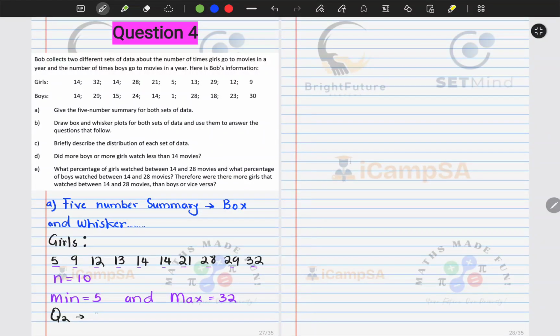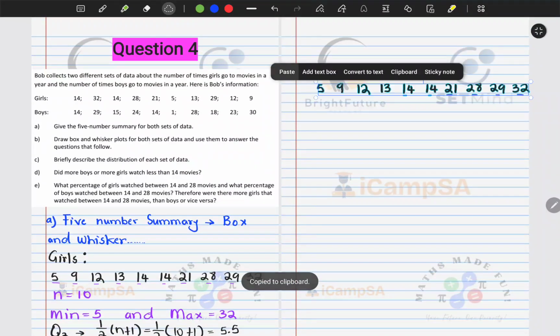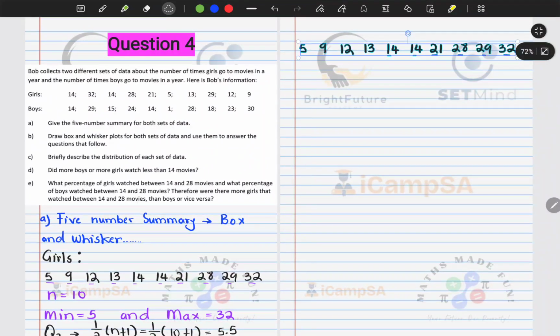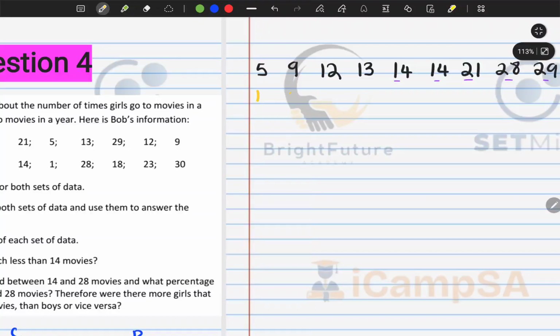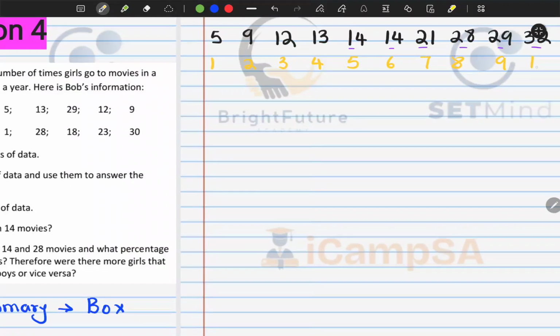So now what we can do is to quickly find our Q2. So the position of Q2 will simply be given by half of n plus 1, which is going to be half of 10 plus 1. And if you do the calculation, you'll get 5.5. So where is that? So let me quickly position it. 5.5, if we quickly number these, you'll see that we have 1, 2, 3, 4, 5, 6, 7, 8, 9, 10.